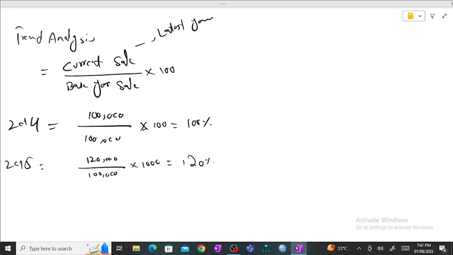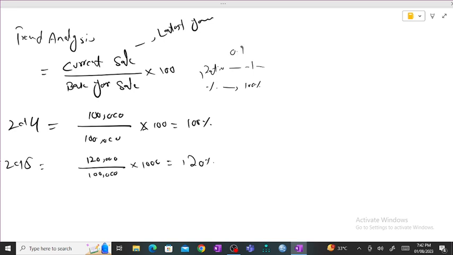Why do we need to use the base year? You need to understand the difference between the ratio and the percentage in order to understand this question. Percentage we normally show like 100%, and ratio we say is 1. So the value should be less than 1 or greater than 1.